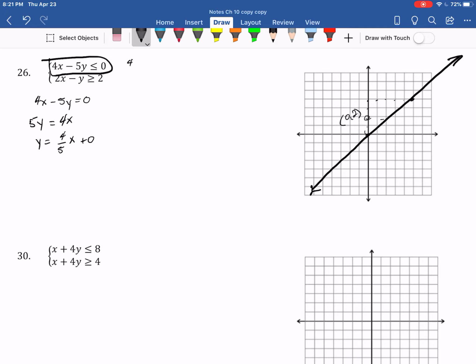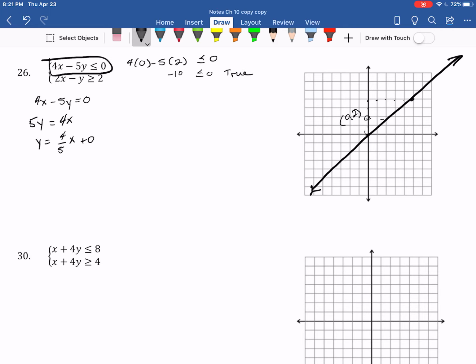4 times 0 minus 5 times 2 is less than or equal to 0. If that comes out to be true, then you want that point to be included in your solution. Is it true or is it false? Well, 4 times 0 is 0. Minus 10 is negative 10 less than or equal to 0. Yes, that is true.